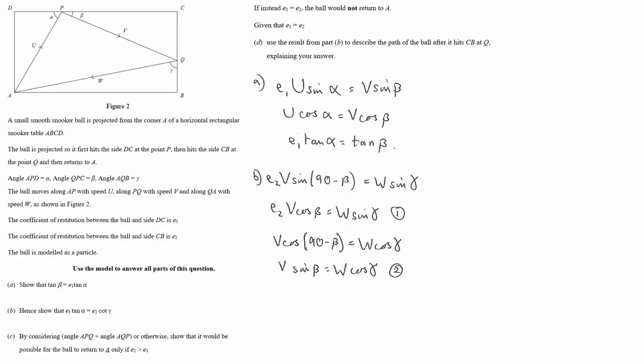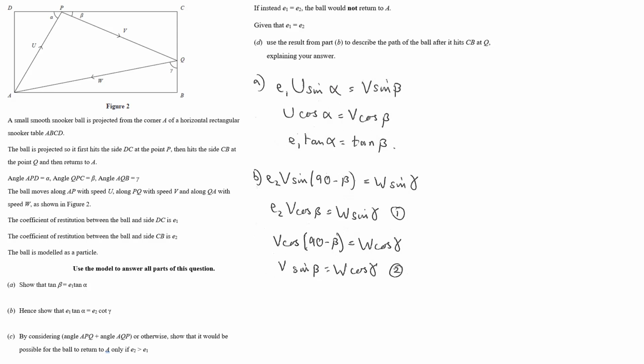Now, it's V cos 90 minus beta. So if you look at that triangle, the right angle triangle, top right, so you've got 90 degrees of beta. So that angle at Q for the top triangle must be 90 minus beta. So you want the sine of that, which becomes cos beta. So I'll call that equation 1.